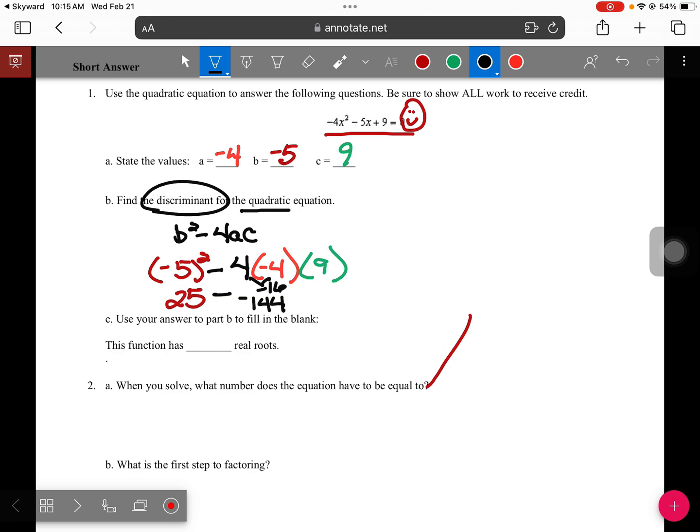Check my math. Okay. And I cannot have that double negative, so I'm going to add the opposite. And 25 plus 144 is 169. That is my discriminant. The discriminant is going to be a number.